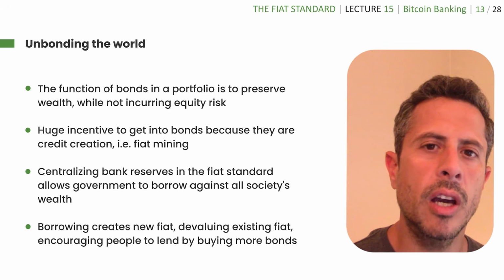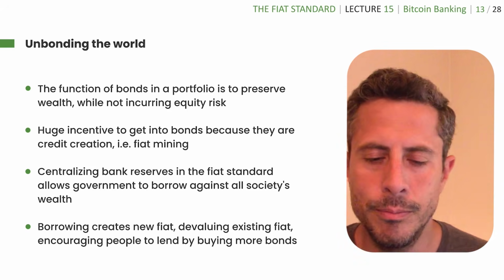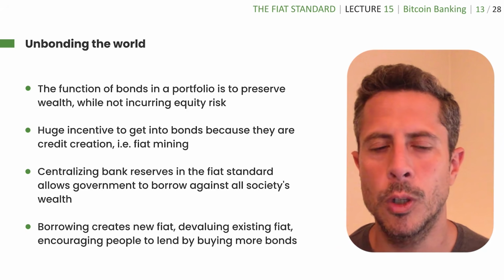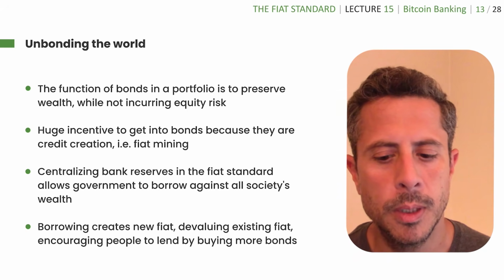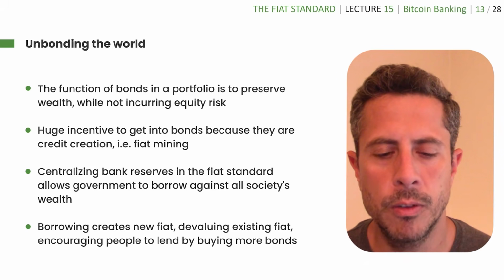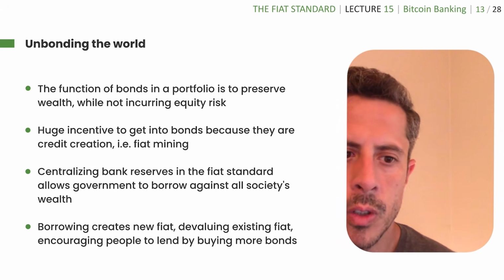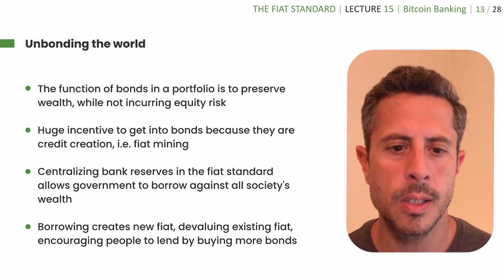It can end the entire idea of bonds as a financial instrument. I realize this is kind of a controversial thing to say, and it's going to sound crazy for a lot of people, but I think there's a good case for why this is the case. The function of bonds in a portfolio is to preserve wealth while not incurring equity risk. This is why people buy bonds.